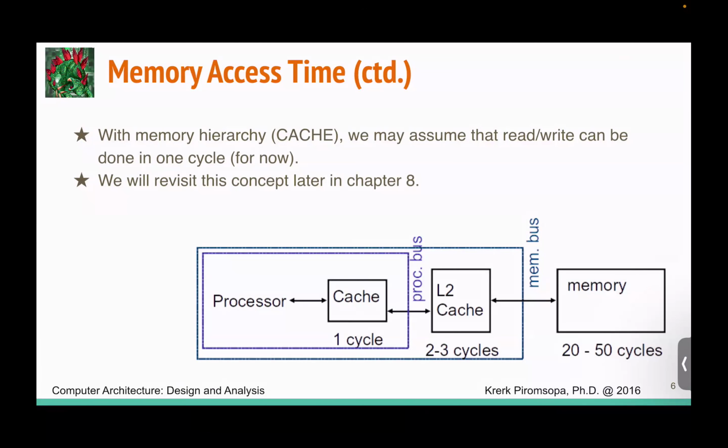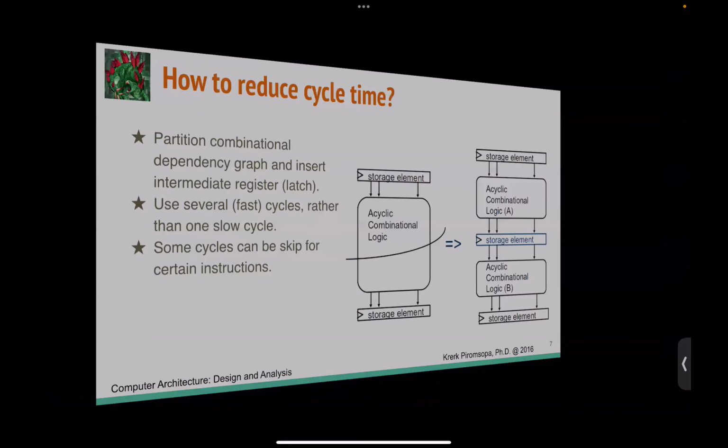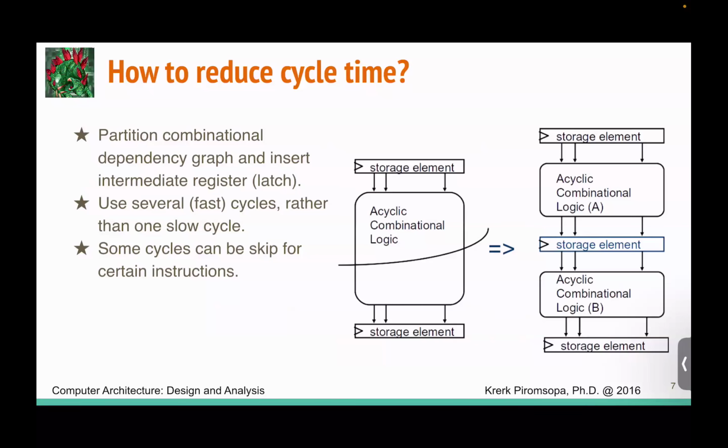After the midterm we're going to revisit the concept of cache. Okay, so let's assume that somehow we can make the memory fast for now. Then what can we do to the processor to make it faster?